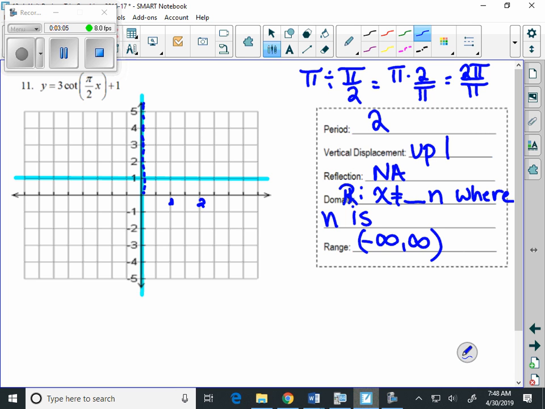Here's our 0 on our function. And then the cotangent of pi over 4, we said was 1, so I'm going 1 above that highlighted line. And then we said that the cotangent of pi over 2 was 0.